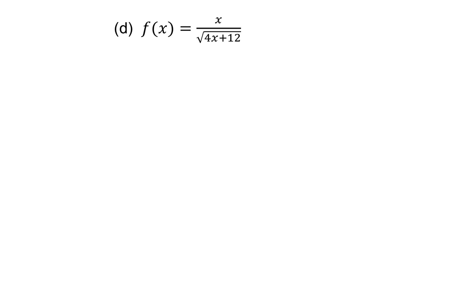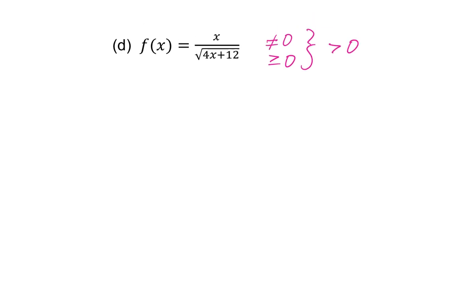All right, so it cannot be equal to 0, and it has to be greater or equal to 0. So combine those. It has to be greater than 0. Because here we know that it can't be 0, so that takes away this line right here to where it just has to be greater than 0.